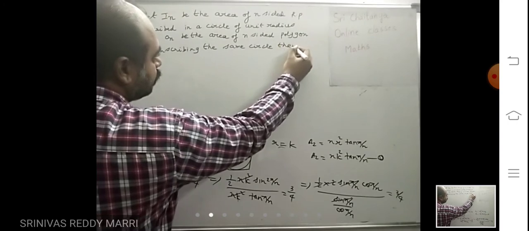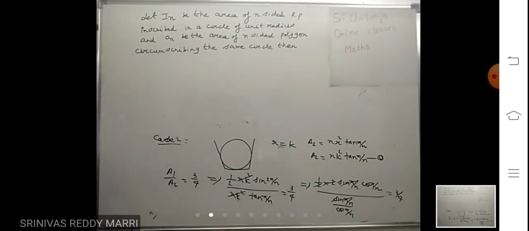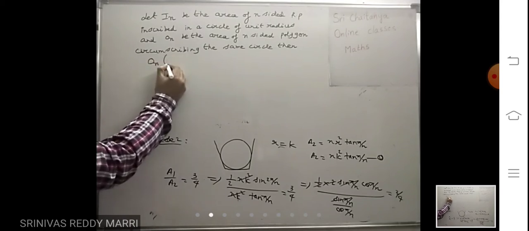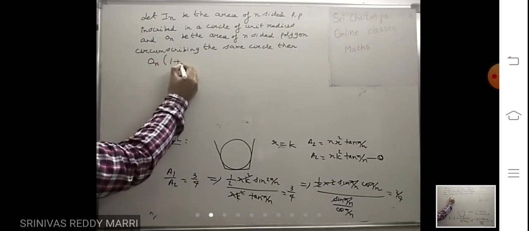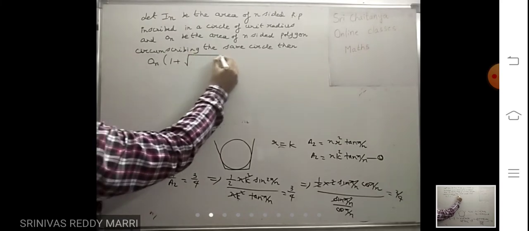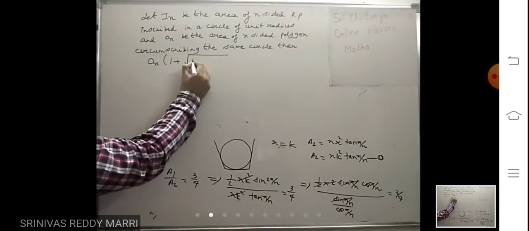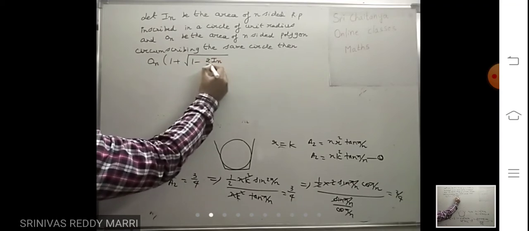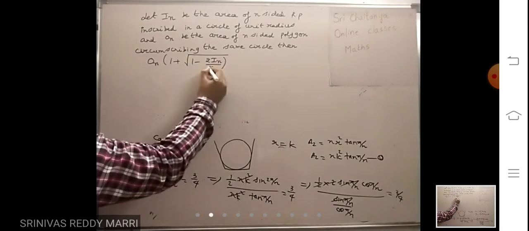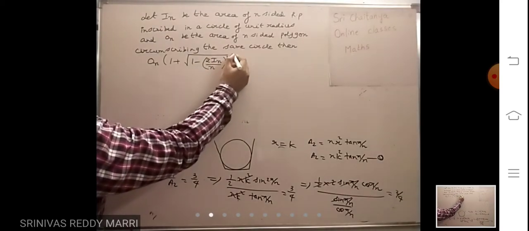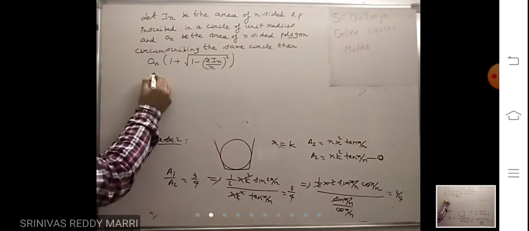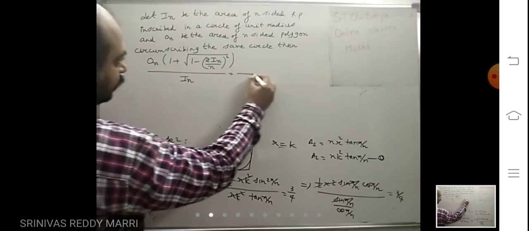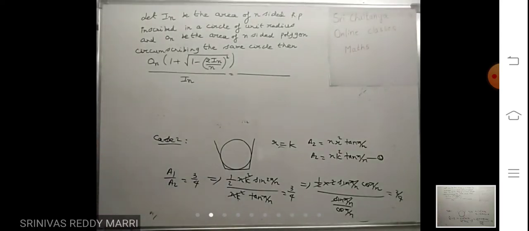Then ON into 1 plus root of 1 minus (2IN divided by n) whole square divided by IN equals dash. Look at this problem.